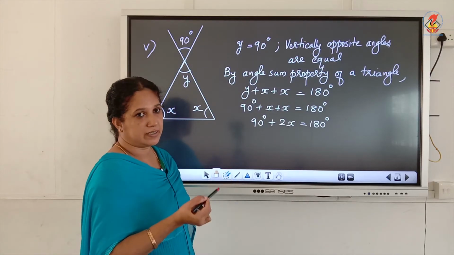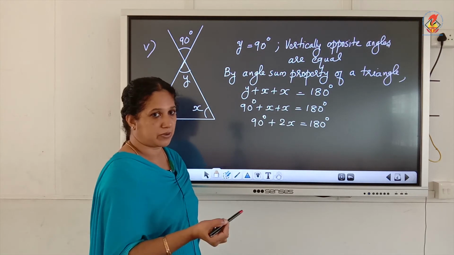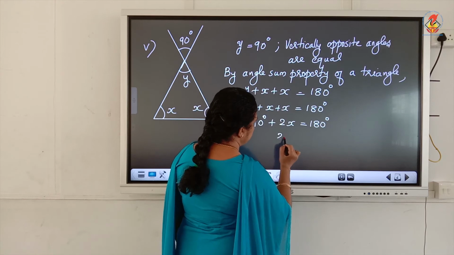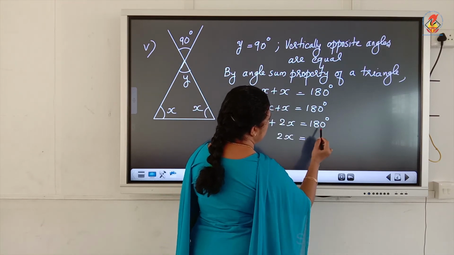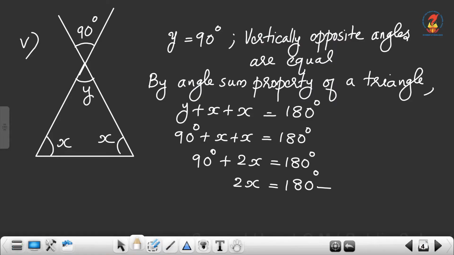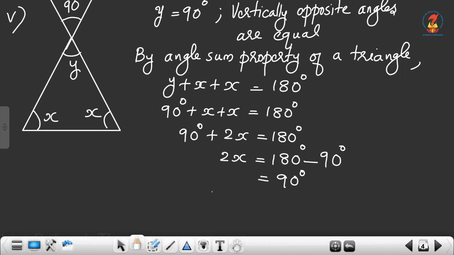Now you already learned how we can solve a simple equation. So we have to apply that method here. First we will write 2x equal to 180 degree minus 90 degree, transposing 90 degree from left hand side to the right hand side. 180 degree minus 90 degree equal to 90 degree. Therefore 2x is equal to 90 degree.